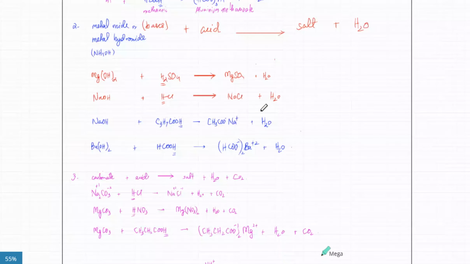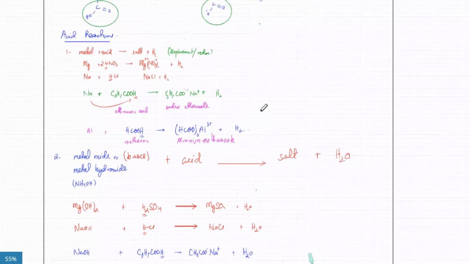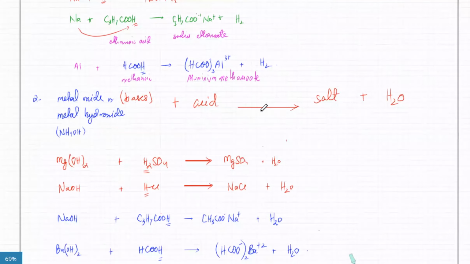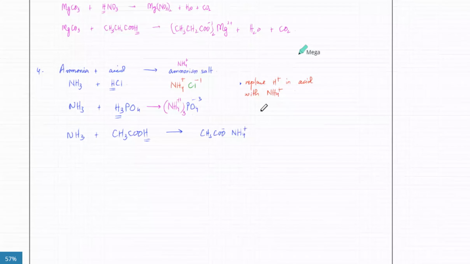तो ये आपके पास total 4 reactions हैं which you have to study. Metal plus acid, base plus acid, carbonate. अच्छा, इनके formulas वगैरह मैं यहाँ पे I'll send the sheet again जिसके अंदर सारे formulas वगैरह लिखे हुए हैं.